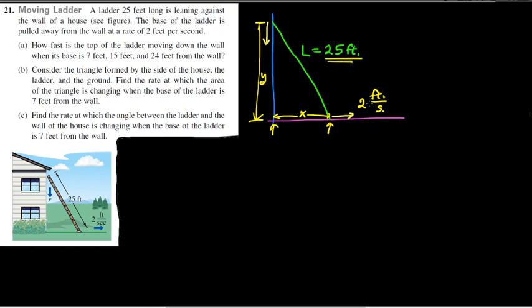The length of the ladder is fixed, a constant. Yes, there are ladders that can expand and contract, with multiple parts, but in this case it's just a single ladder that is a constant 25 feet long.